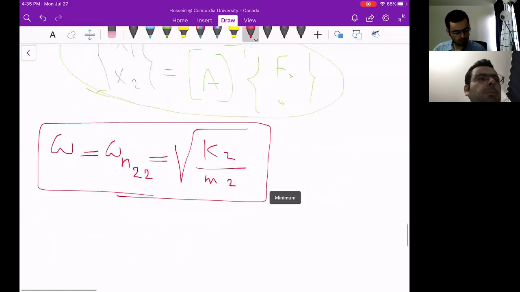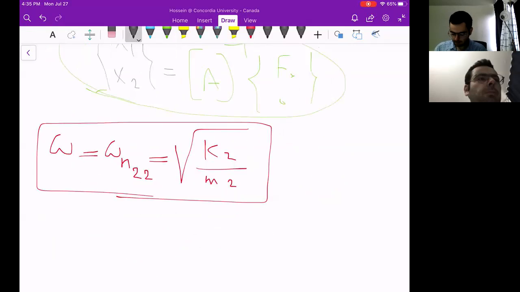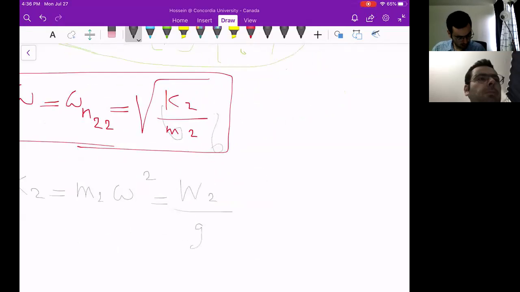This is how you have to design the absorber. So K2 would be M2 omega squared. M2 is W2 over G, omega squared.